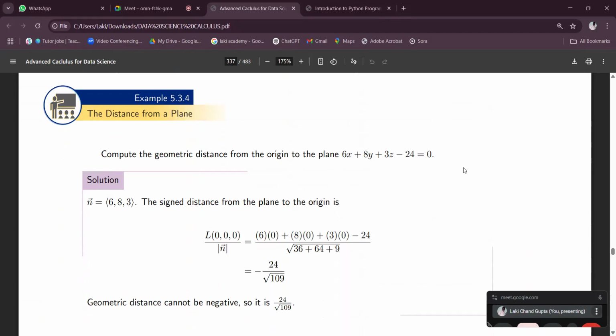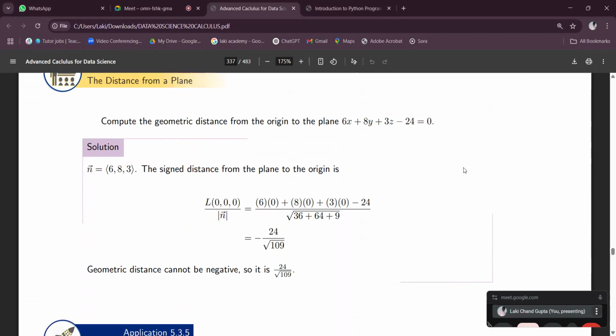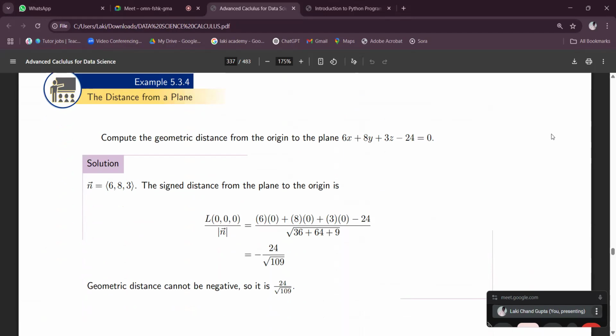Okay. So now how to find the distance between normal vector to normal plane? See, this is normal vector, right?